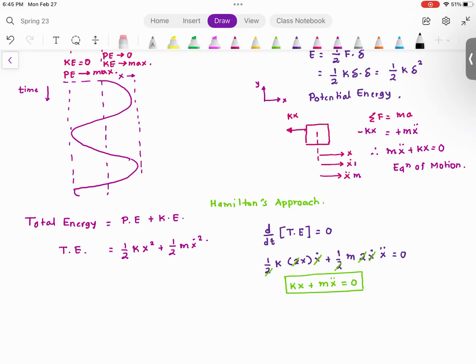The biggest advantage of the Lagrangian approach is you don't have to draw the free body diagram. Lagrangian approach or Hamiltonian approach, they are based on the energy principles in physics. What is the energy principle? Energy can neither be created nor be destroyed, it can only change form.